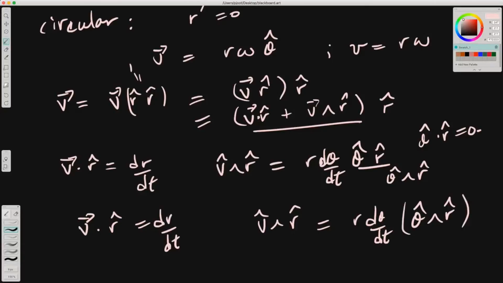So geometrically, these are related to the projection and the rejection with respect to r hat. And we see that the radial component of the velocity is just dr dt, but then the radial bivector is in the plane of theta hat and r hat, and has the magnitude of r d theta dt.